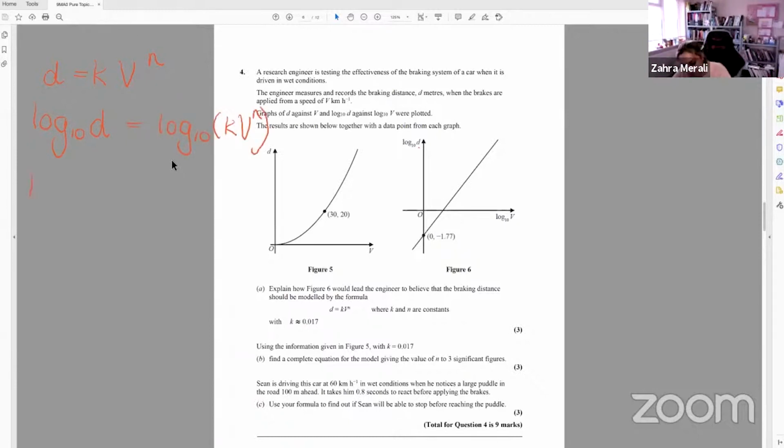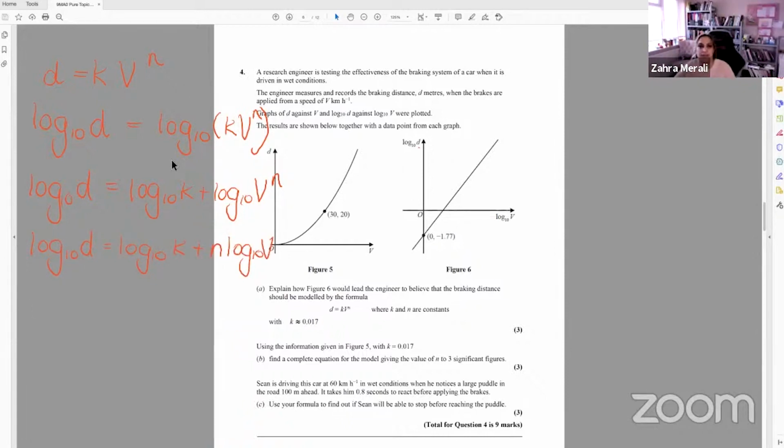Now my log rules tell me when things are multiplied, it's the same as adding them, plus log 10 v to the n. It also tells me if there's a power, that can come down. So I get log 10 d equals log 10 k plus n log 10 v.